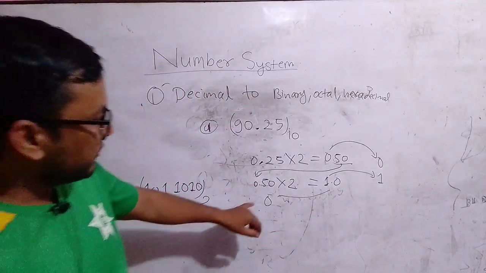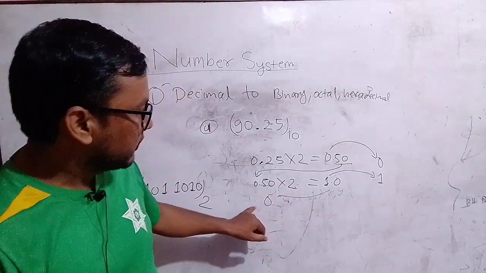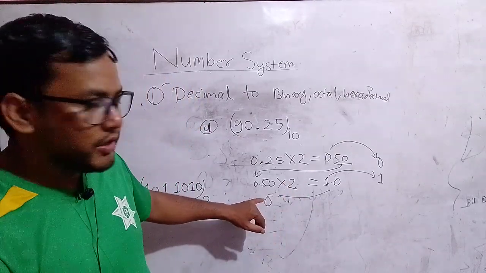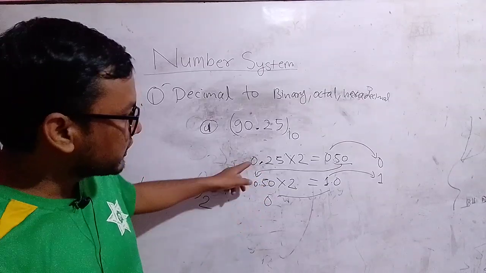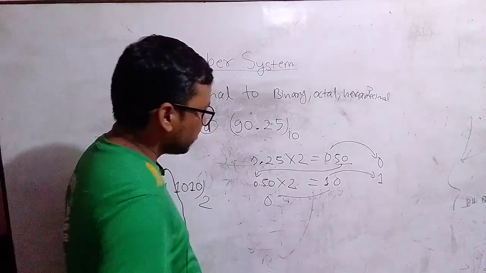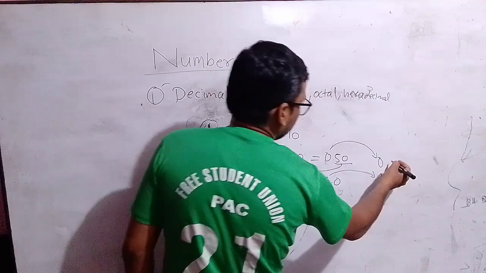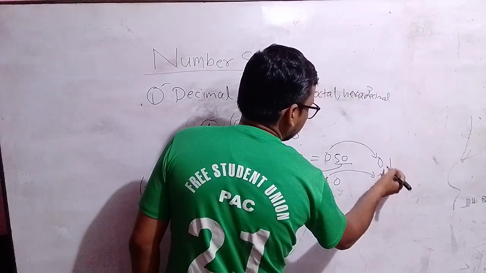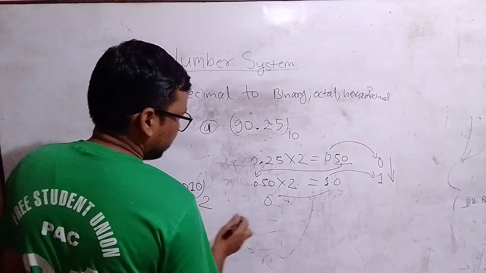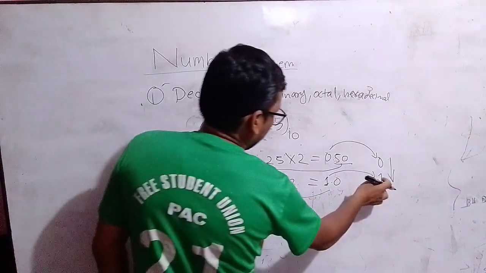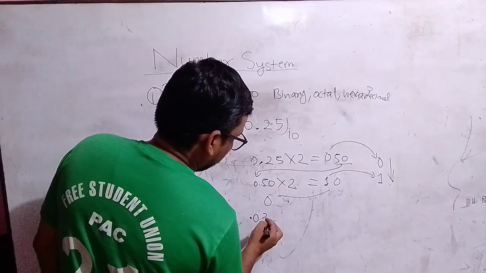Now if we get a fractional part of 0 or a repeated number, then we need to stop the iterations. For the fractional number, we need to arrange the integers in the top-down way. That means we need to write the equivalent binary of 0.25.